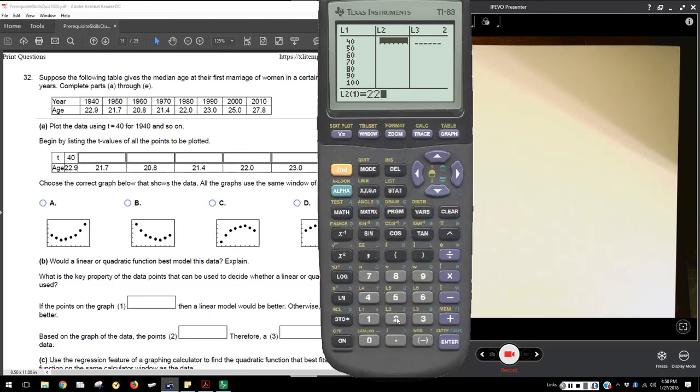And then my y values are going to be those ages. So in 1940, the median age was 22.9. In 1950, it was 21.17. In 1960, it was 20.8.